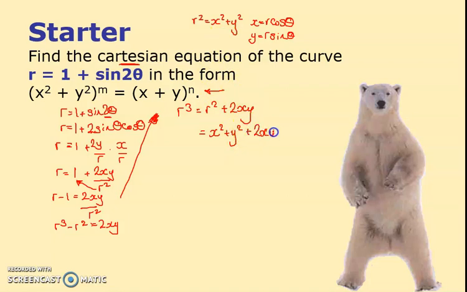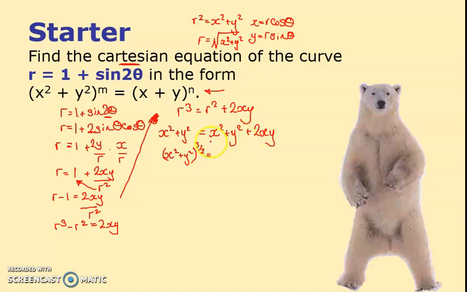Oh, I see what they've got there now. And the r cubed on this side becomes x squared plus y squared. Normally r is this thing square rooted, or to the power of a half, but I'm cubing it, so it's x squared plus y squared to the 3 over 2.